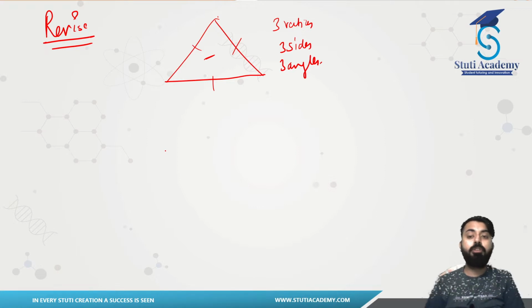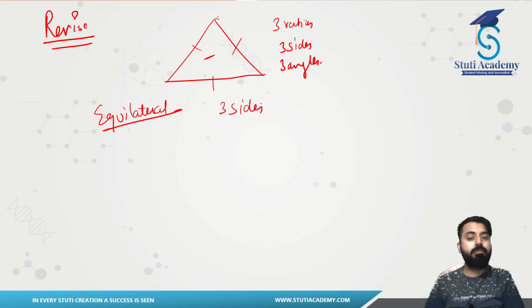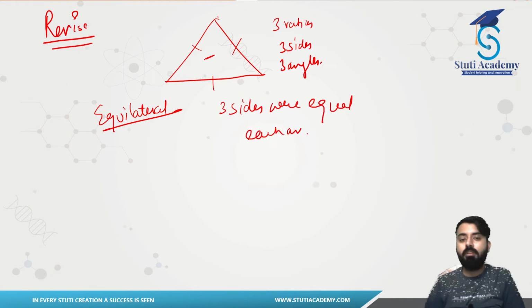Then we had understood about the types of triangles. You guys see, we had equilateral, in which all of the sides were equal, right? Three sides were equal, and each angle was 60 degrees, right? So we had that also. Each angle was 60 degrees, and that was the case.